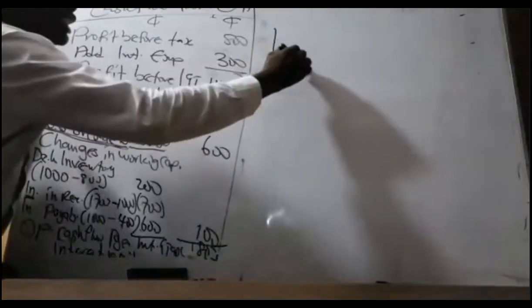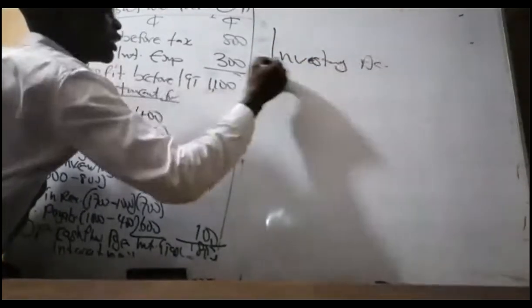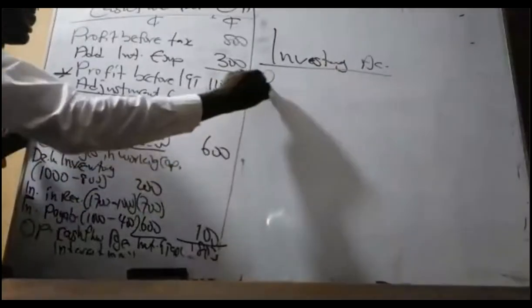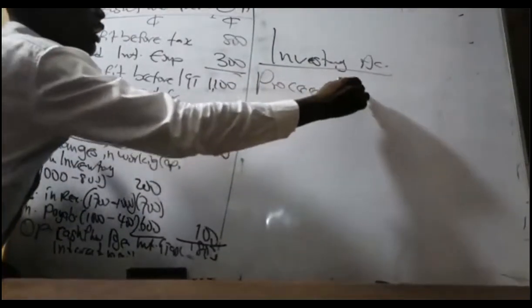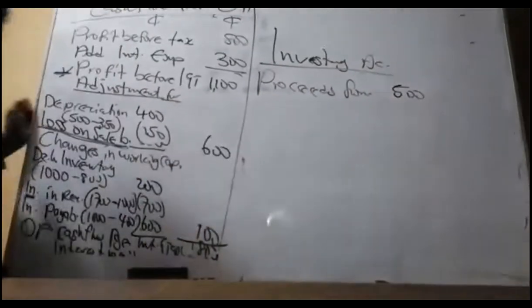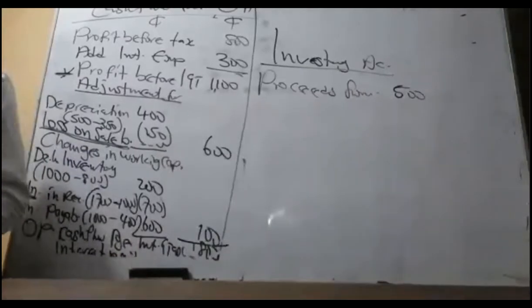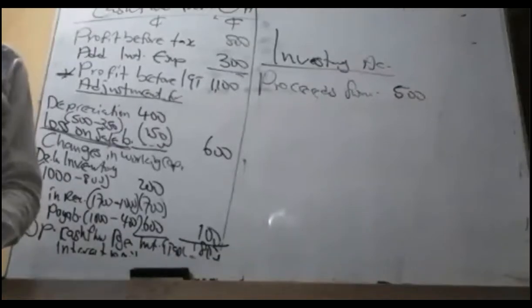I'm just explaining it. So in investing activity, tell the examiner that proceeds from disposal, they sold it for 500. You put it there, it ends there. So this is how you are going to do the game.